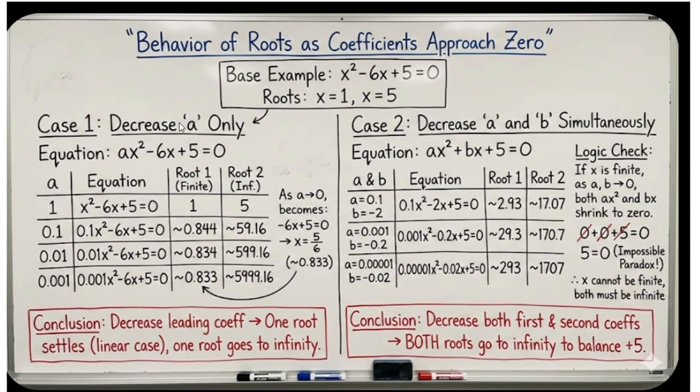If it is a cubic polynomial, and you decrease three coefficients in the similar variation, then three roots are going to become infinite. In the sense, if you decrease only one coefficient, one root is going to become infinite, meaning it disappears, you can say it like that.